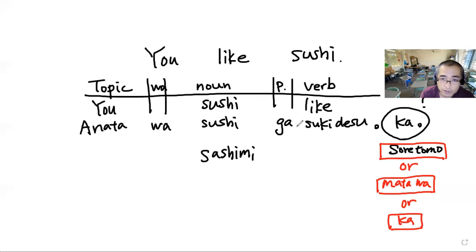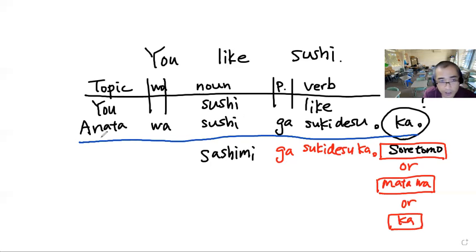Okay. Let's get started. あなたは寿司が好きですか？それとも刺身が好きですか？Maybe I should write down the word order this way. あなたは寿司が好きですか？First of all, you say the full sentence.